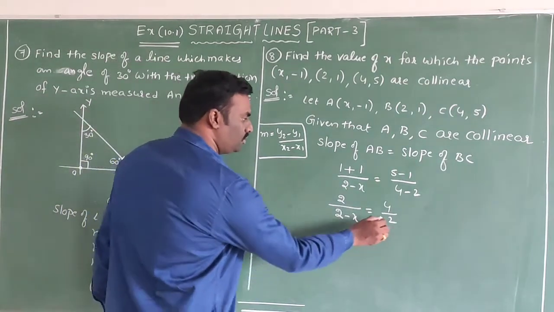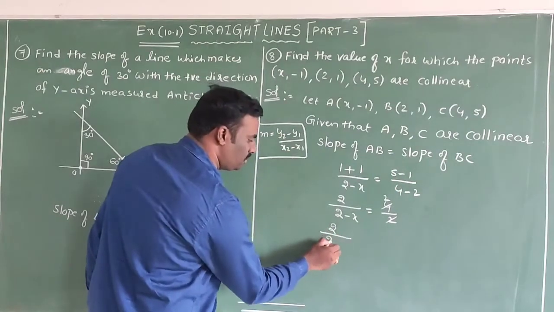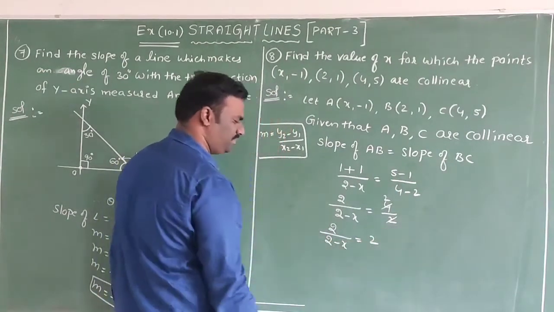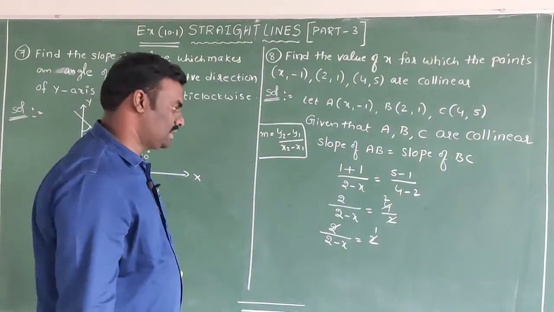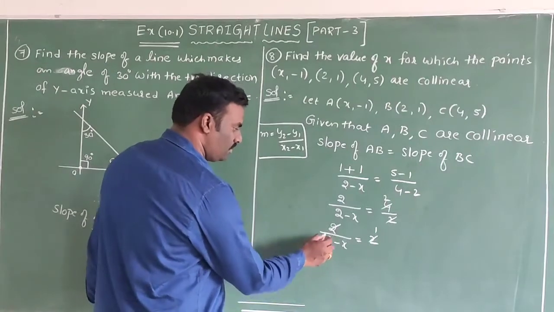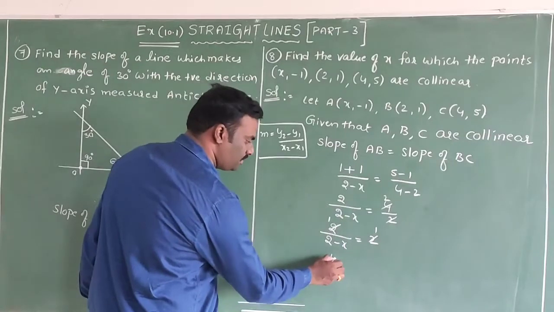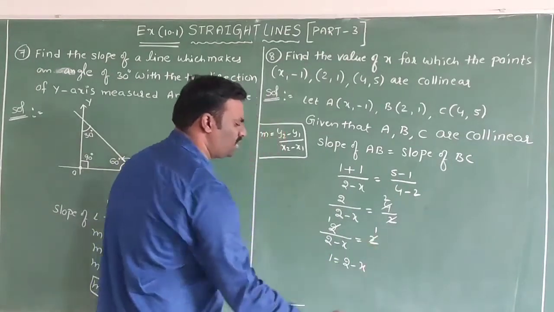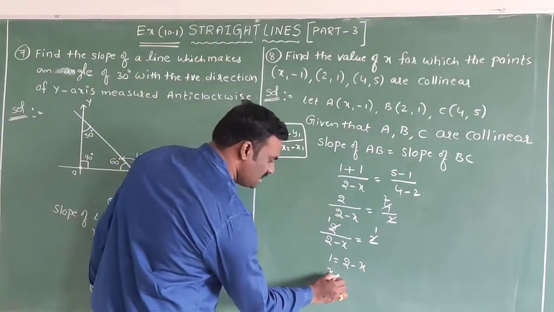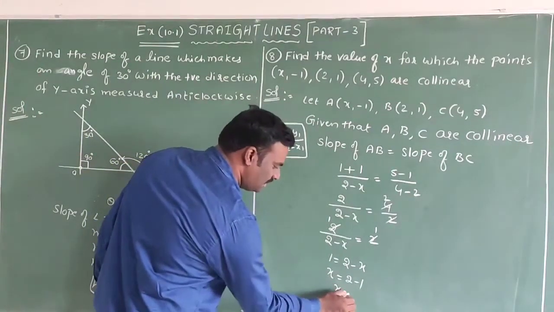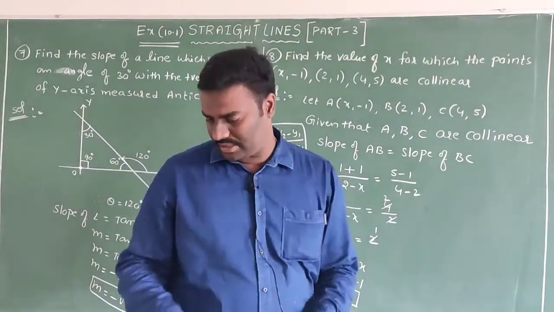Now 2 by (2 minus x) is equal to 2. Cross multiply. Now, 1 equals 2 minus x, but we require the x value, so x is equal to 2 minus 1, then the x value is 1. So, this is the answer for question number 8.